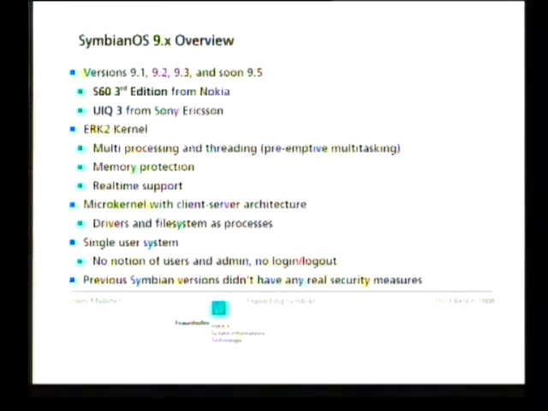I actually looked mostly at Series 60 3rd Edition, because that's the version where they really started building security in.